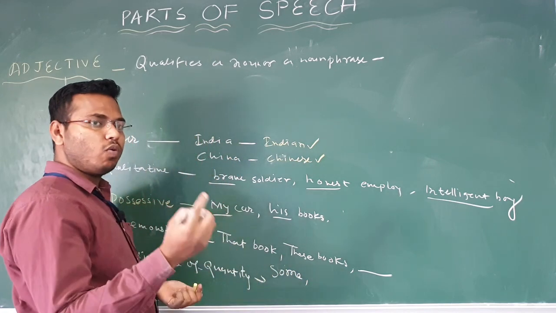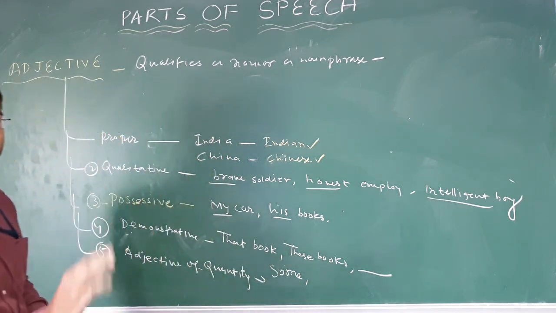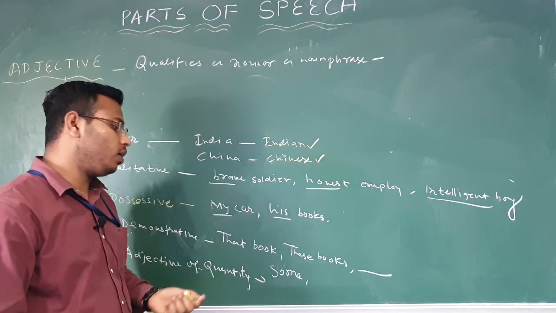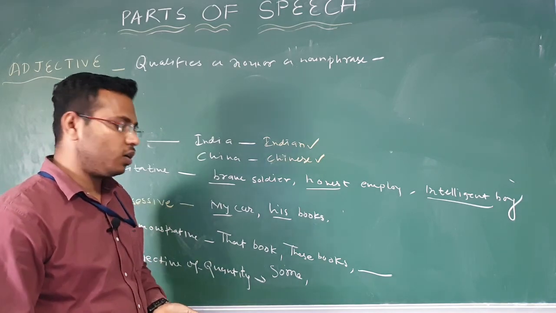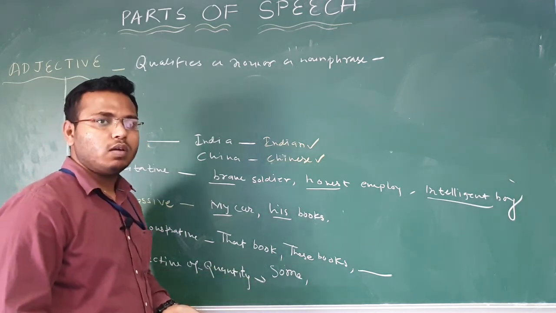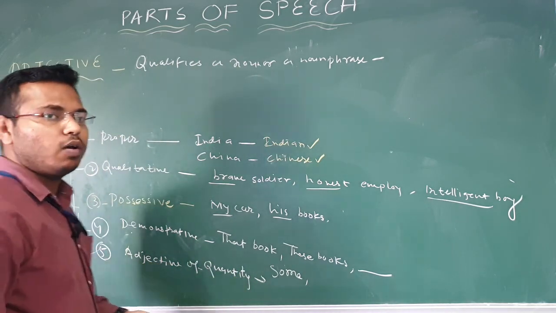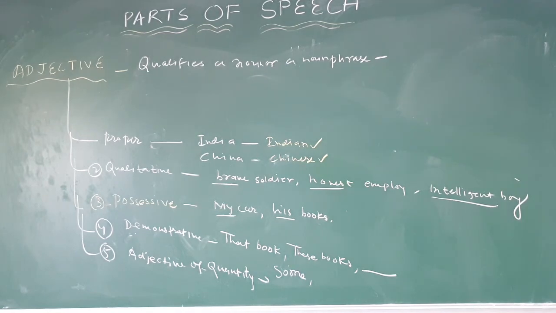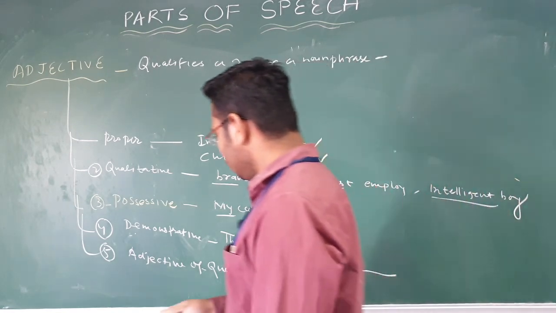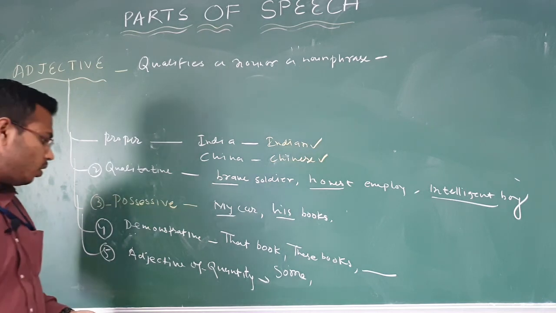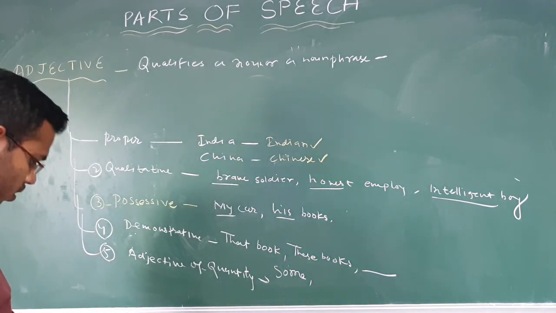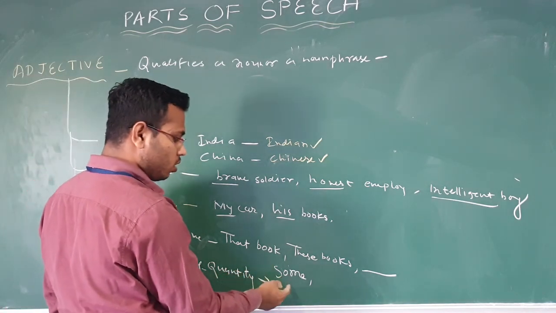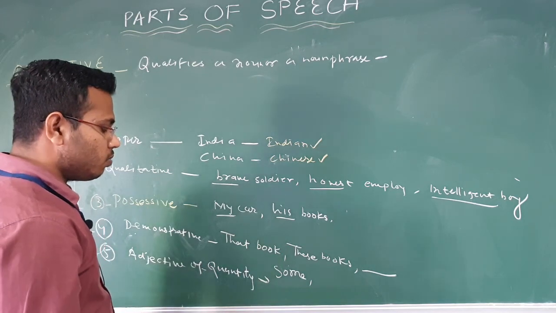In the same way we can say some students; in that case, some will be an indefinite numeral adjective, and in the first case some is an adjective of quantity, denoting quantity.